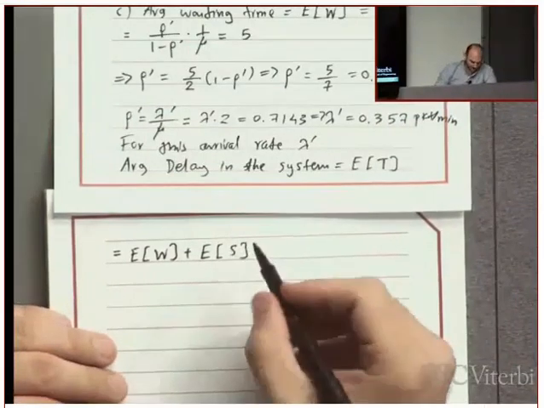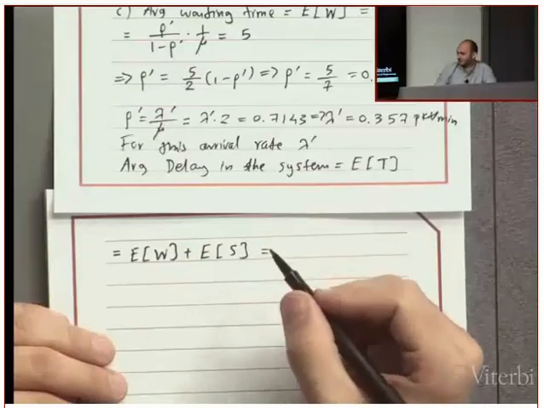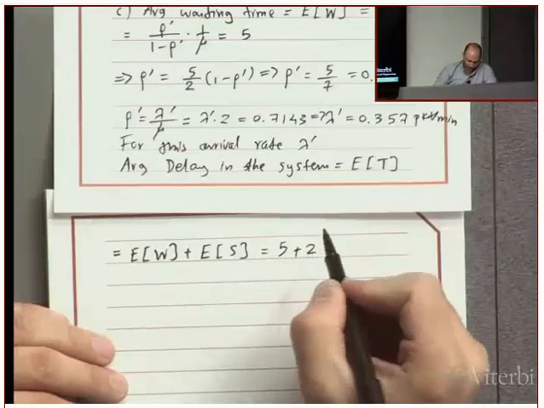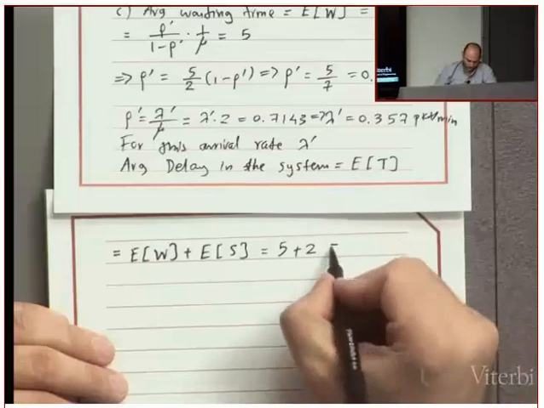This is the service time, right? As we said, expected W is 5, because that's what the question says, 5 or more. And 2 is the 1 over mu. Do you agree? Which gives 7.